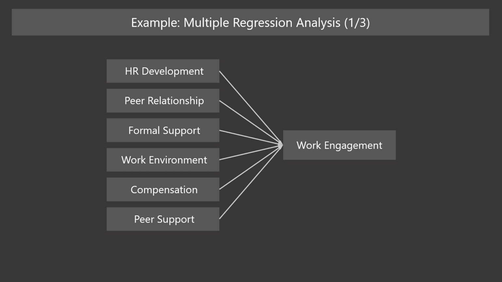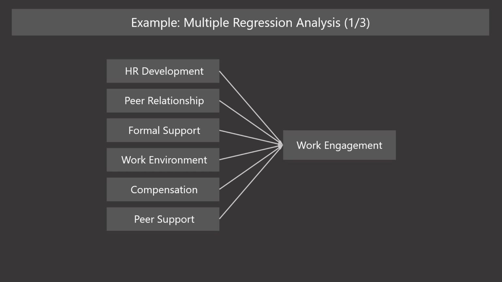Let's look at an example. Suppose we have an employee dataset that records employees' attitudes and their perceptions of our company's human resource practices and work environment. We develop a multiple regression model to explore the major causes of work engagement, one of the positive work attitudes. So, in this model, work engagement is the dependent variable.